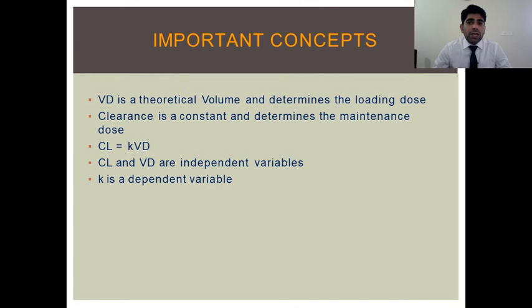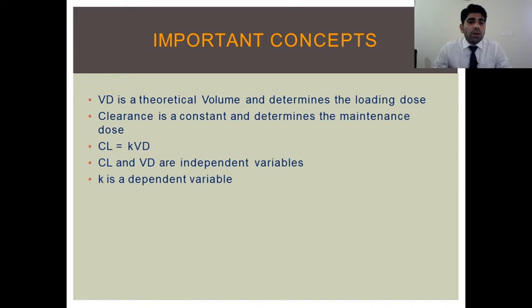Loading dose calculation is a part of clinical pharmacokinetics. When we are dealing with a patient, we have to calculate the loading dose, maintenance dose, and their frequency, to get maximum clinical benefit and reduce side effects.